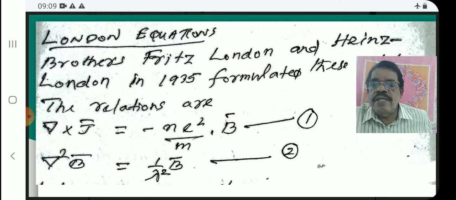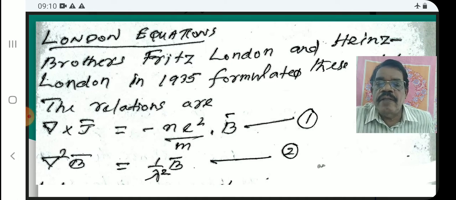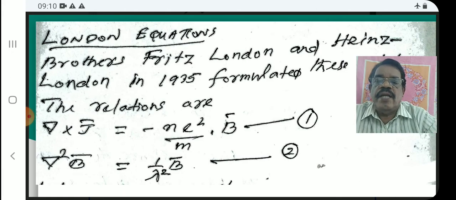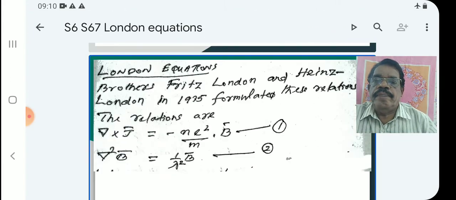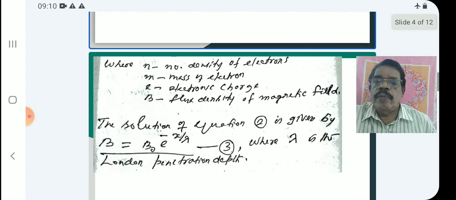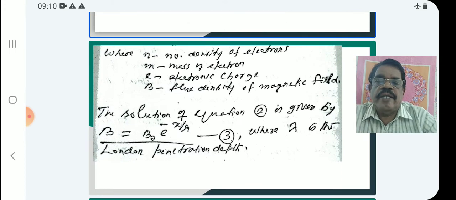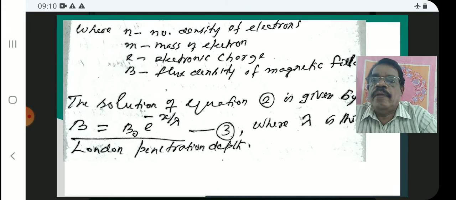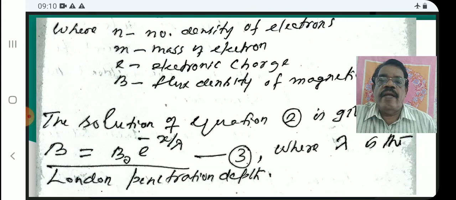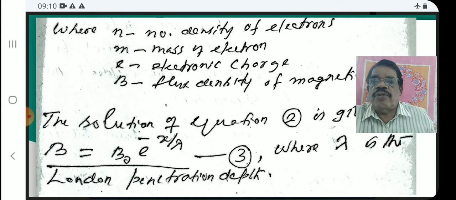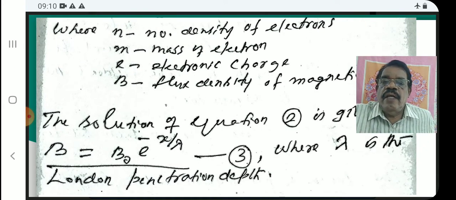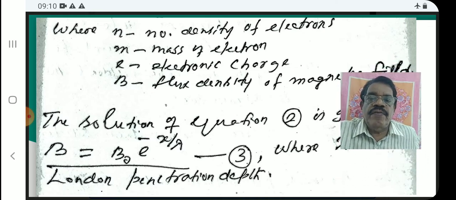The second equation is del square B equal to 1 by lambda square B, equation number 2, where lambda is the London penetration depth. Here n is the number density of electrons, m the mass of electron, e electronic charge, B flux density of magnetic field.